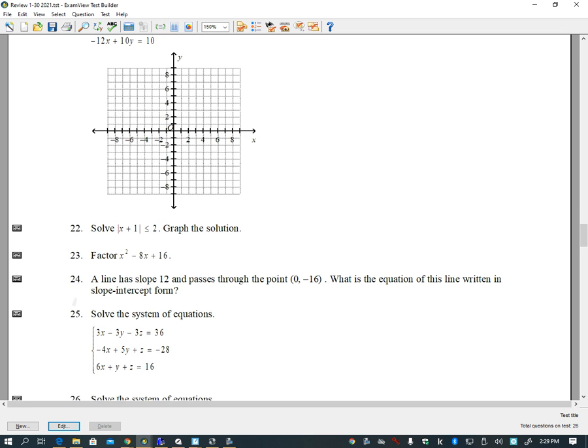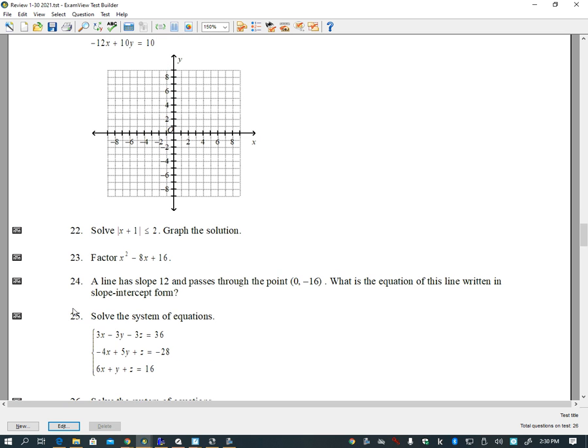Okay. We're going to leave this space right here to work out number 22. We've got an absolute value, and it wants us to graph the solution. Anytime I have absolute value, how many solutions should I get? 2. Okay. Tell me what the first equation I need to start with is.